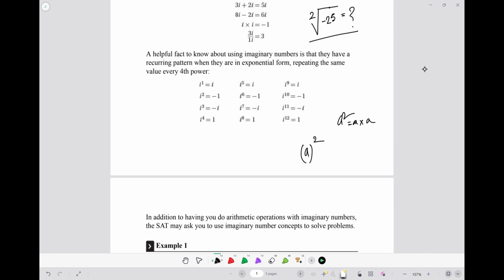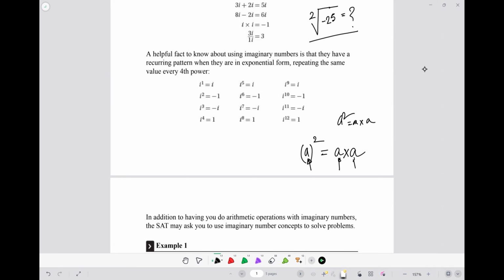But what is the meaning of this expression? It means we are going to multiply this number with this same number 2 times. This is the first time, and this is the second time.